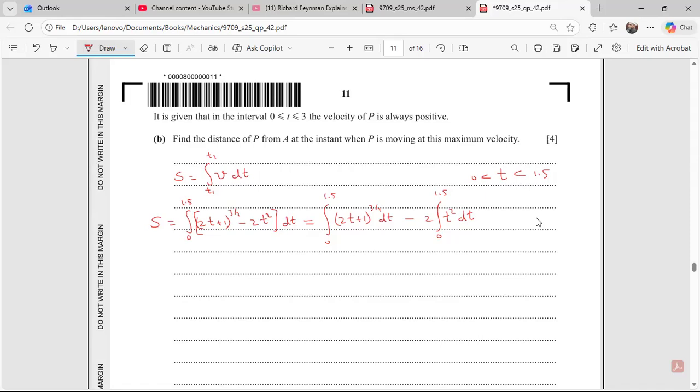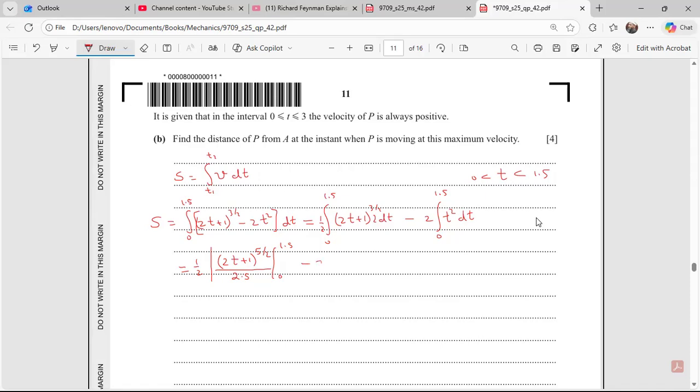Here, if I put 2 here and 1 by 2 here, no problem. So 1 by 2, and for the function power n, its complete derivative, power plus 1, so this is 2t plus 1 power 3 by 2 plus 1, which is 5 by 2, and divided by the same 5 by 2. 5 by 2 is basically 2.5, with a limit from 0 to 1.5.